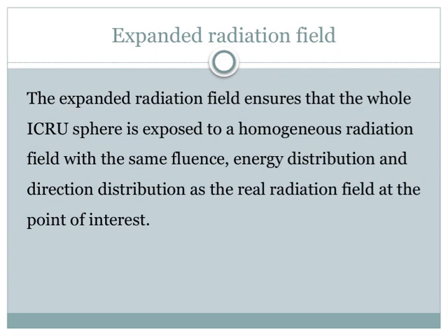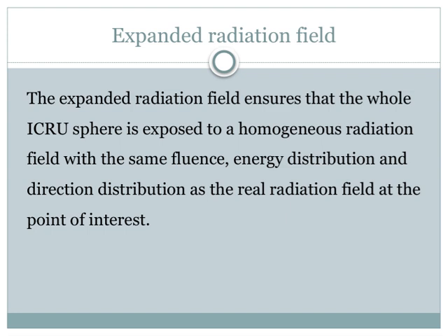The expanded radiation field is designed to ensure that the entire ICRU sphere is exposed uniformly. What this means is that the sphere receives a consistent radiation field, with the same fluence, energy distribution, and direction distribution as the actual radiation field at the specific point we're interested in.